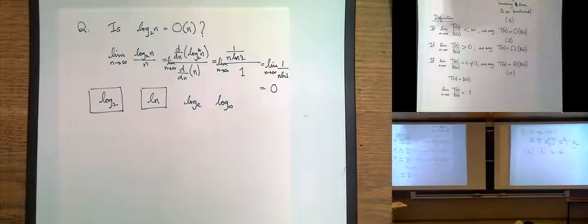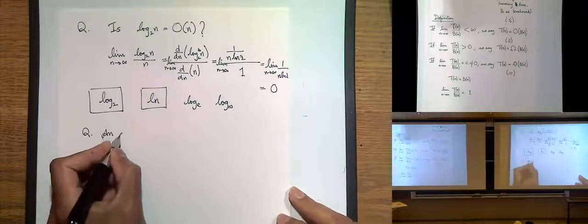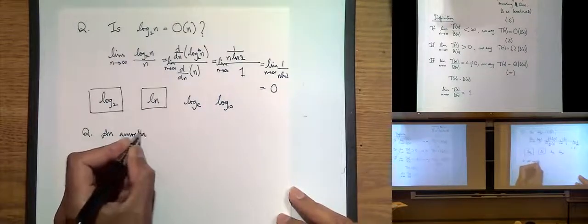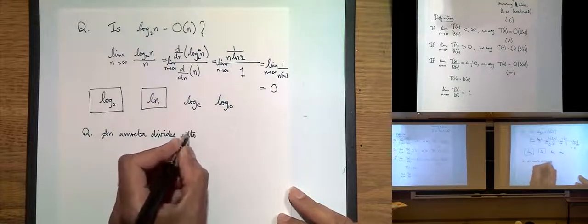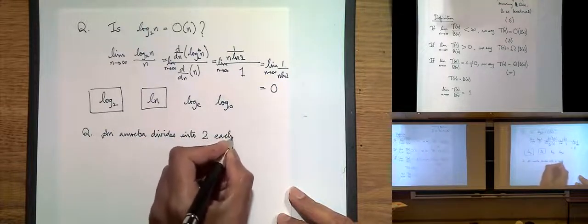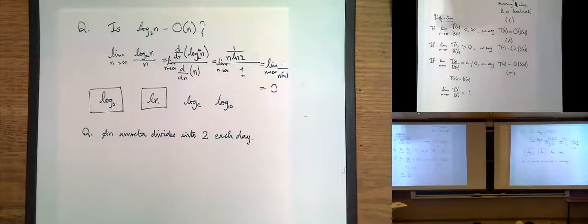So now I'm going to ask you another question. Completely random, right? An amoeba divides into 2 each day. Make sense? So you have an amoeba, it splits into 2 every day, and so every day each amoeba splits into 2.